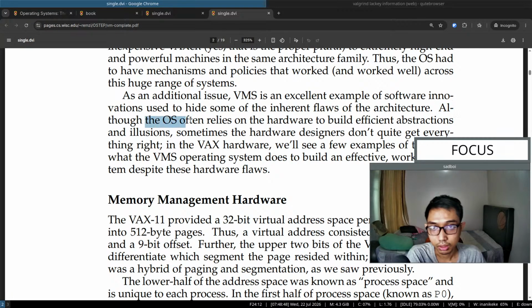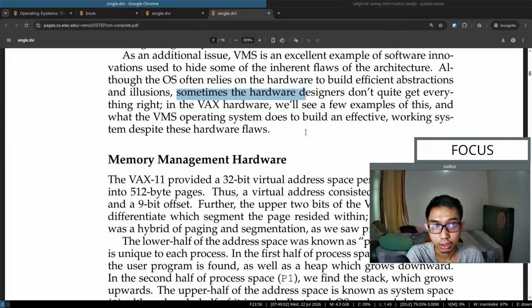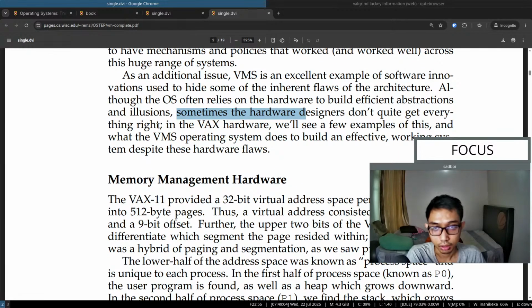Although the operating system often relies on the hardware to build efficient abstraction and illusion, sometimes the hardware designers don't quite get everything right.